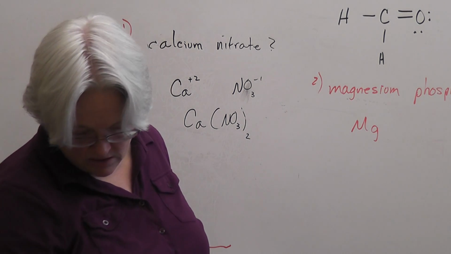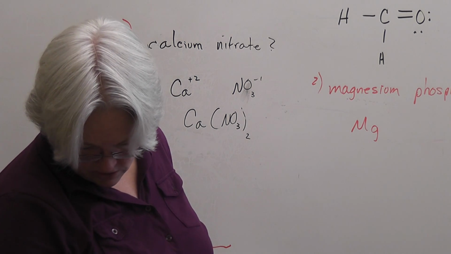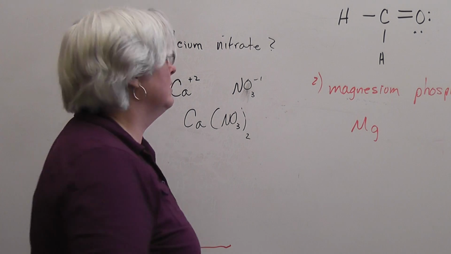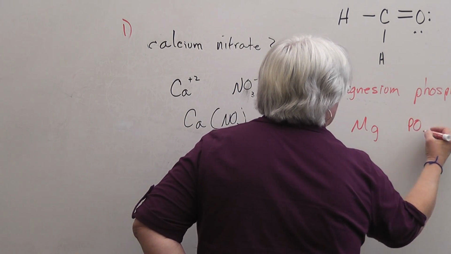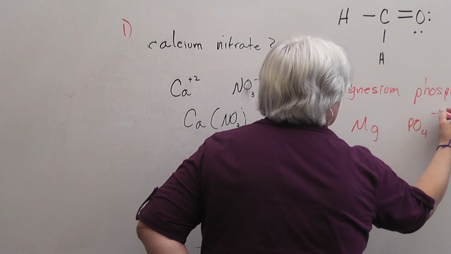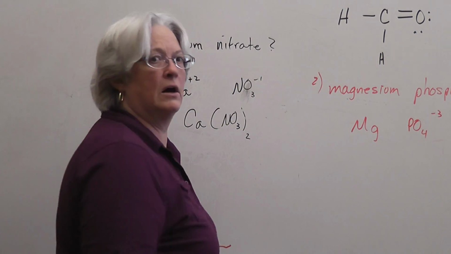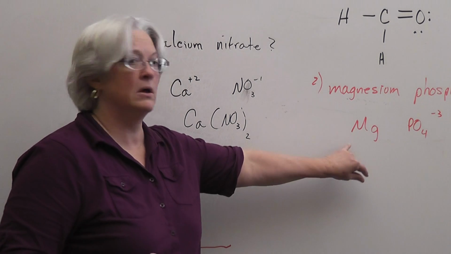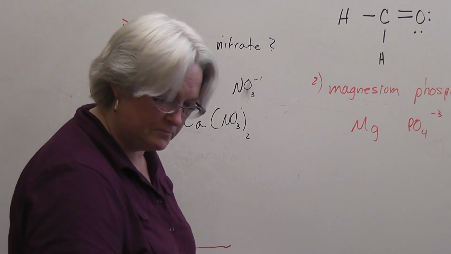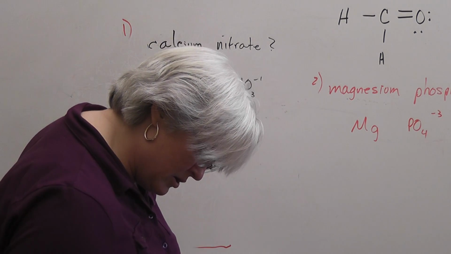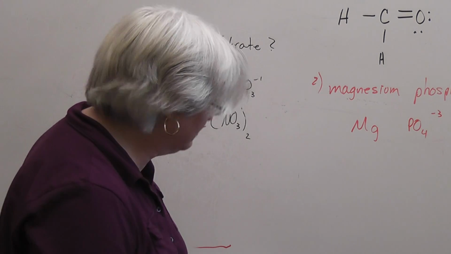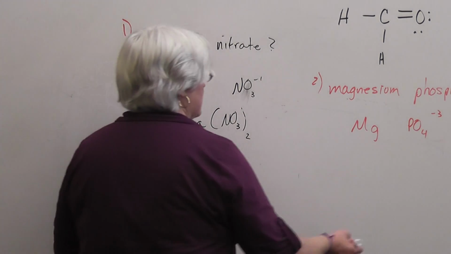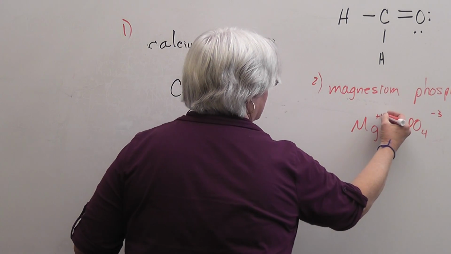Phosphate is an ion. Look over here on your chart. PO4 has a -3 charge. So the phosphate ion has a -3 charge. What about magnesium? Look at your periodic table of the elements, and you find magnesium, which is in column 2A. That means it has 2 electrons that it's trying to get rid of.